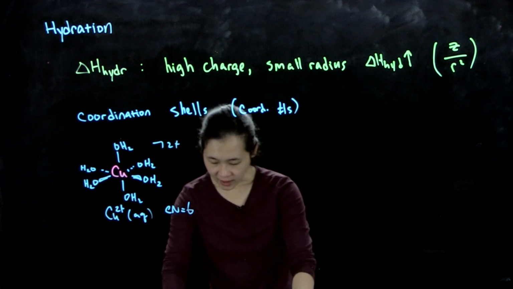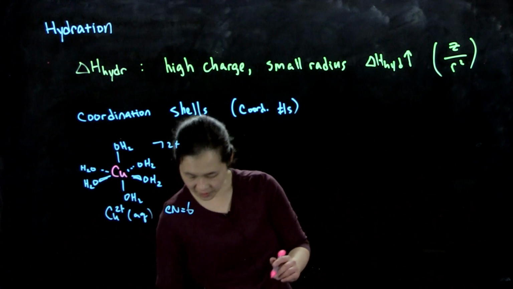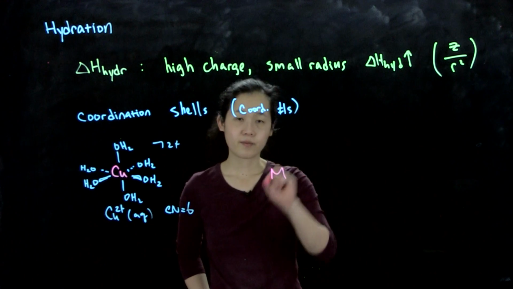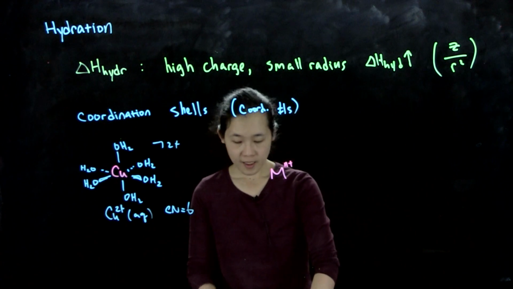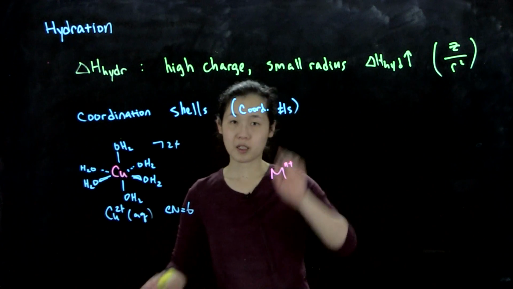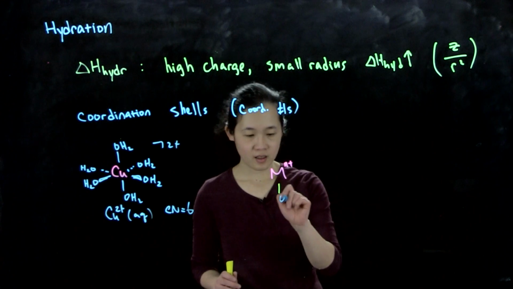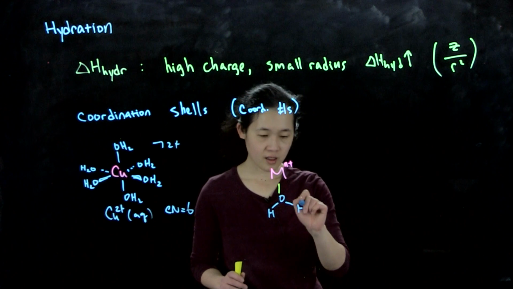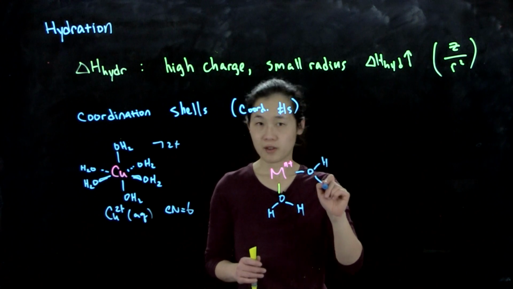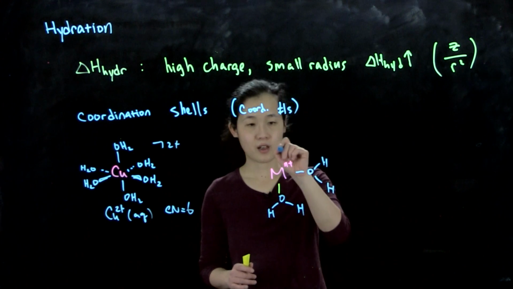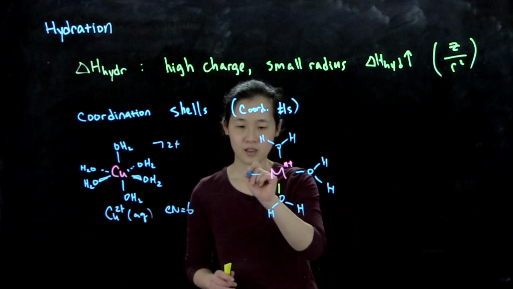If we think about other ions, let's say we have a different metal ion. Let me draw this picture. Here's my metal, and I have some sort of charge on it. Let's say I'm just going to draw 4 for the coordination number in this case. OH is bound through the oxygens because we have our delta minus associating with the positive charge of the metal center.